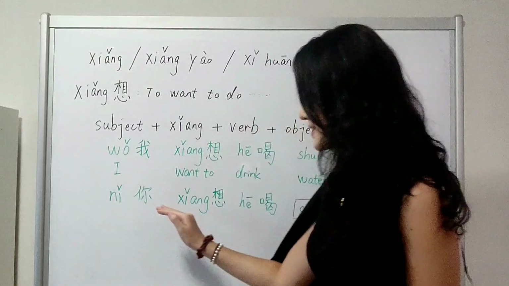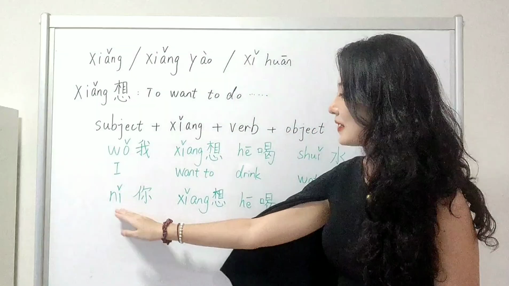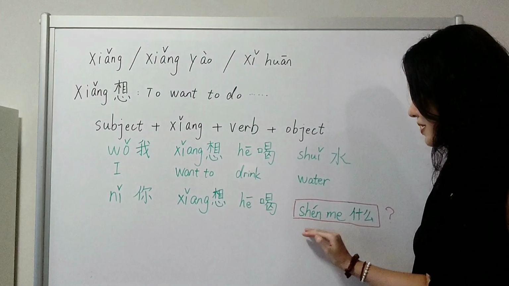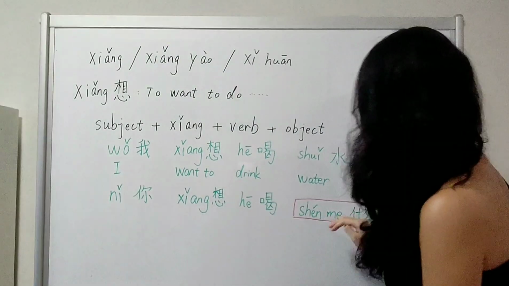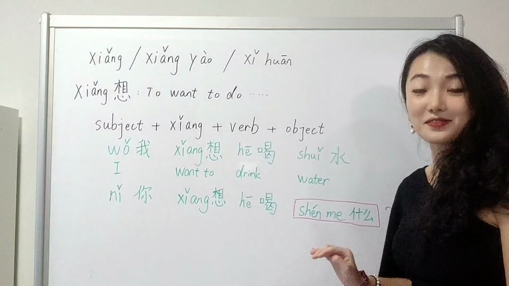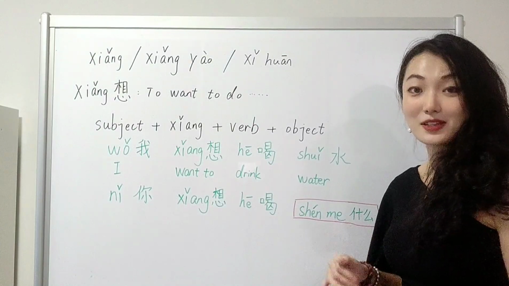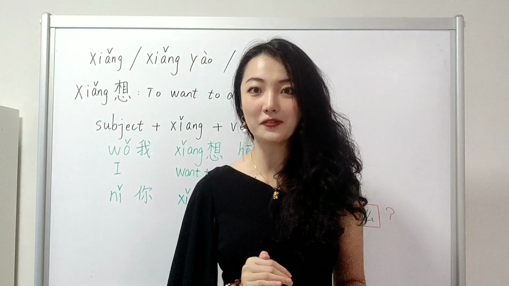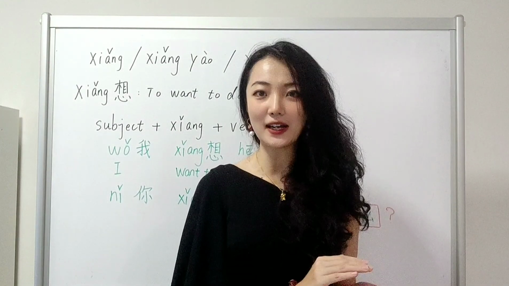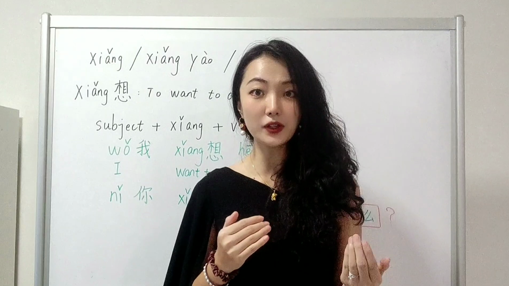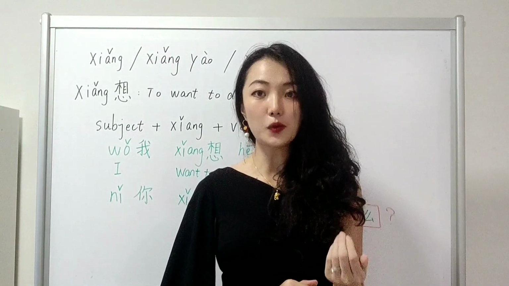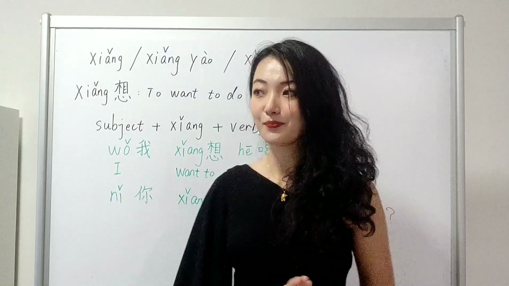And the second example, 你想喝什么? 什么 here is very familiar to you, right? It means what. And if you're not familiar with the question qualifiers yet, please have a look at the link below to review the question qualifiers, what, and how to ask questions with what.